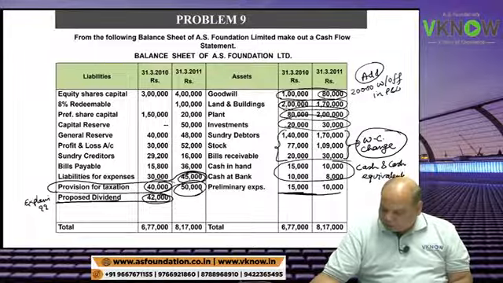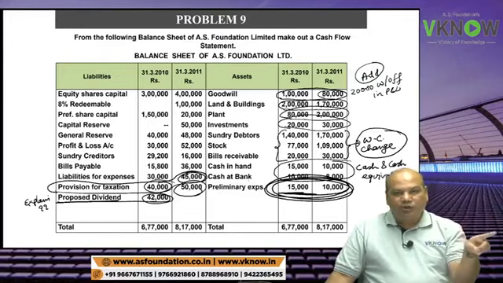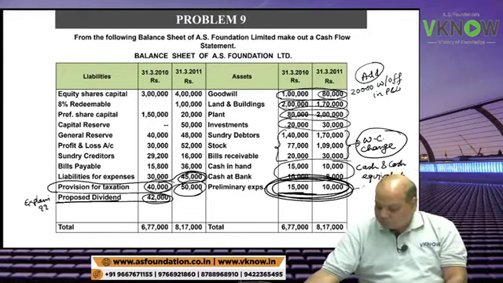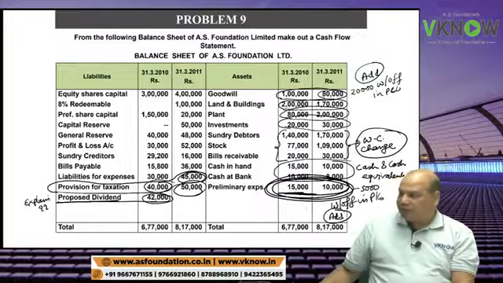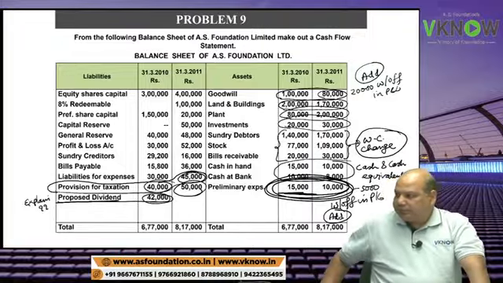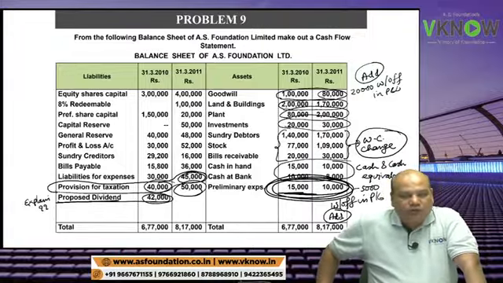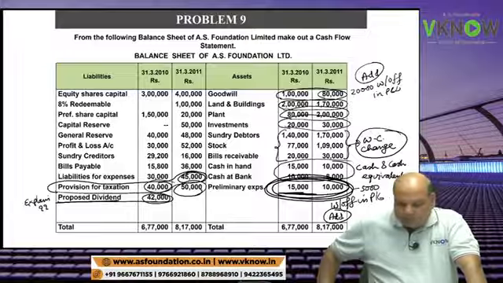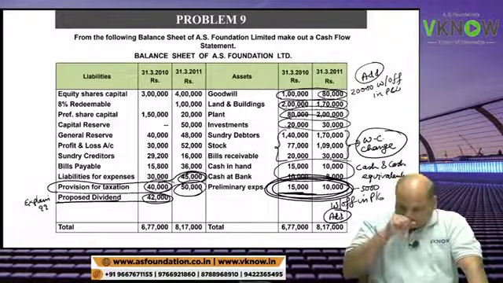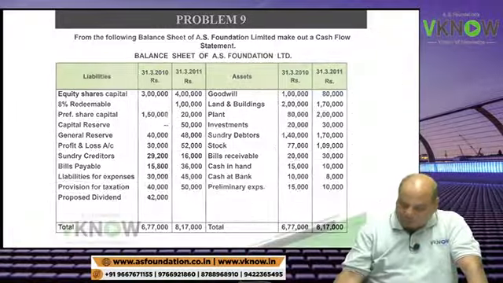And preliminary expenses: opening is 15, closing is 10. So 5,000 rupees is written off in the P&L account. In adjustment we'll add back preliminary expenses written off, 5,000 rupees. Okay, so this is the balance sheet.